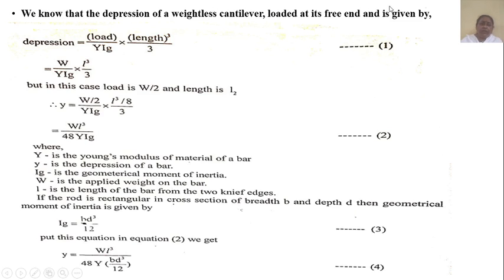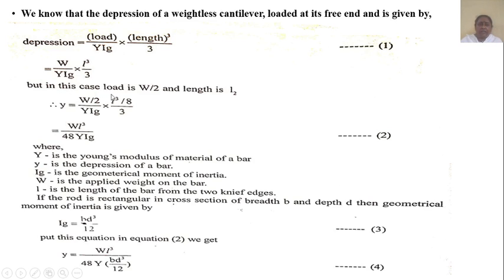Now we know that the depression of a weightless cantilever loaded at its free end is given by depression equals load upon Y into Ig into length cube upon 3. So load is here W, so W upon Y into Ig into L cube upon 3.